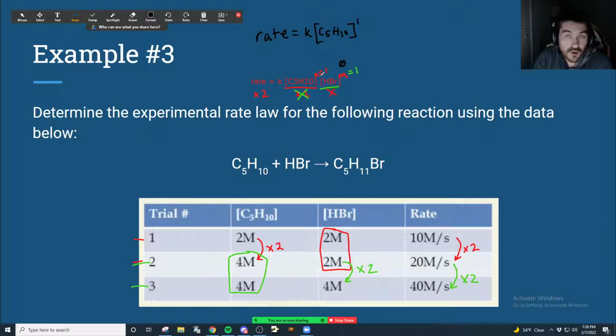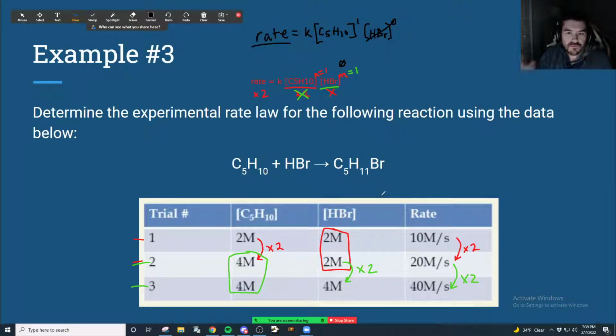This is to the first power, right? But then if this thing is to the 0th power, right? If this is 0 order, then this goes away. This is just 1, right? So if something is 0th order, it means changing this concentration does not influence the rate at all.